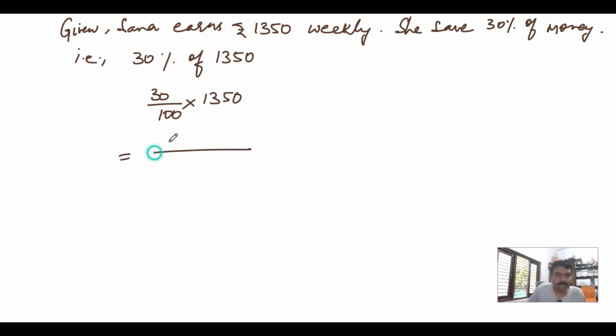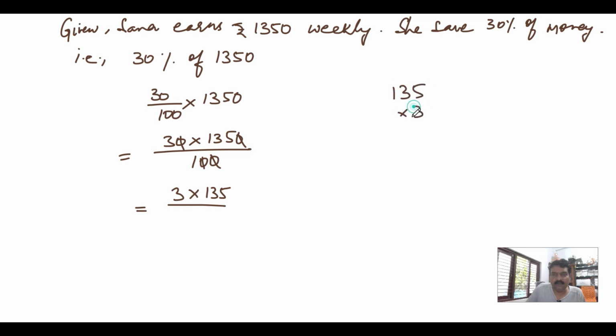That is 30 into 1350 by 100. This 0 cancels, this 0 and this 0 cancel. That is 3 into 135. So we'll see now how much she saves.